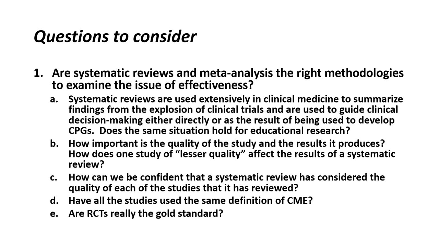And if not, what does that mean in terms of what the findings are? And of course, then the $64,000 question is, are randomized controlled trials really the gold standard in terms of determining what's effective and what's not?